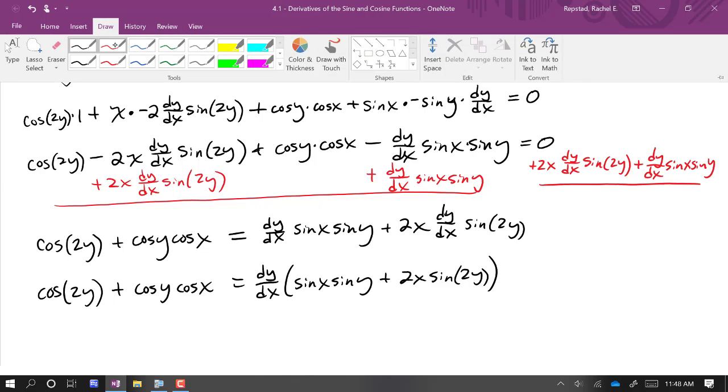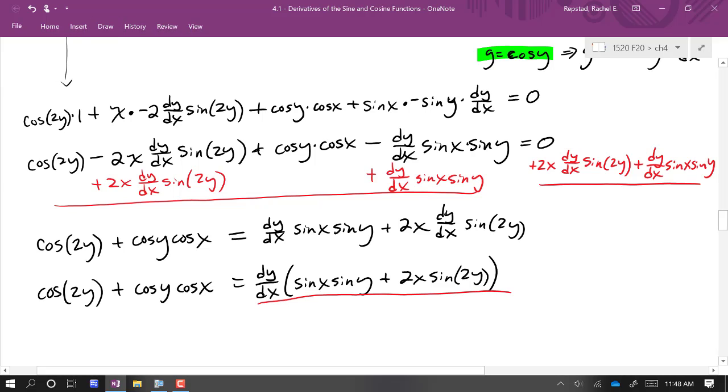And now it's all over but the shouting. We're just going to divide by sine x sine y plus 2x sine 2y.